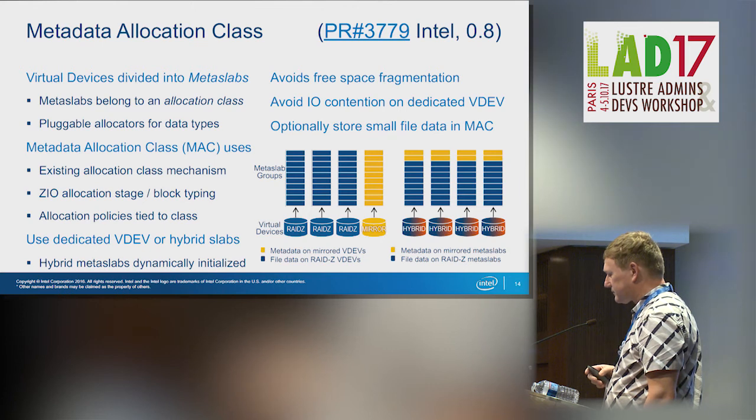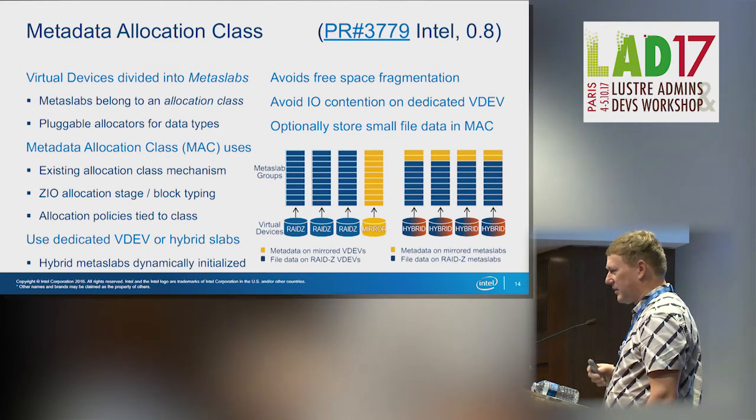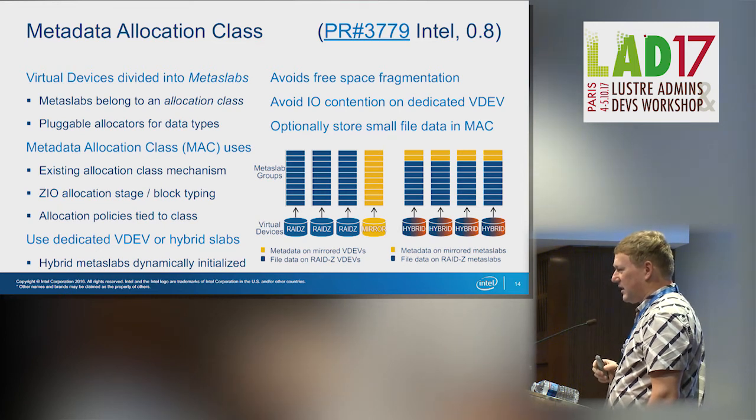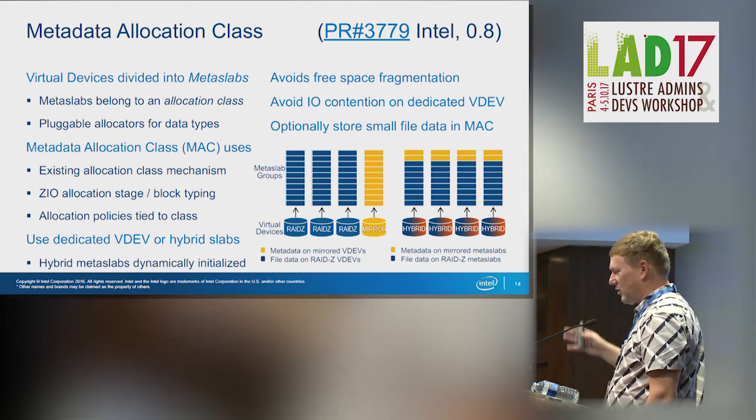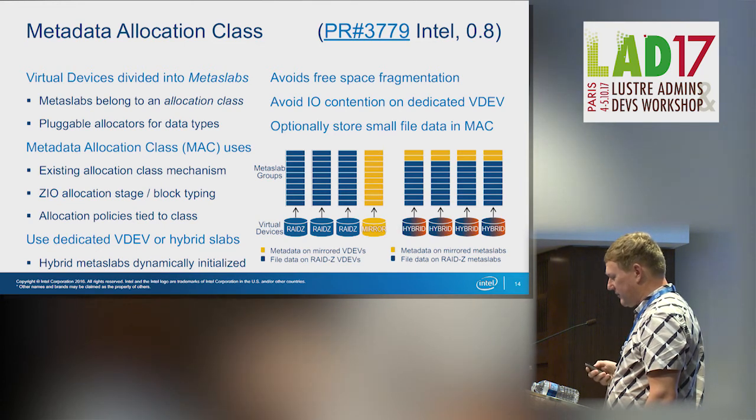And so all of the small blocks are allocated together versus large blocks being allocated in a different part of the disk. And this is just symbolic. The mirrored regions are spread through the disk to avoid seeking, and this gives a good improvement in performance.